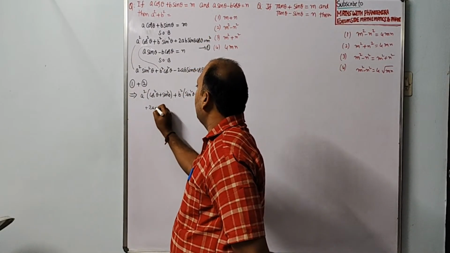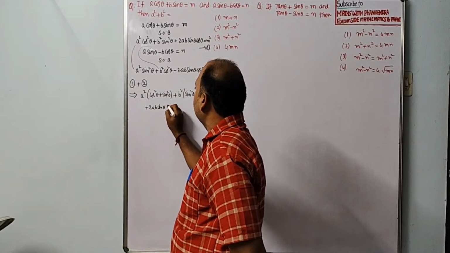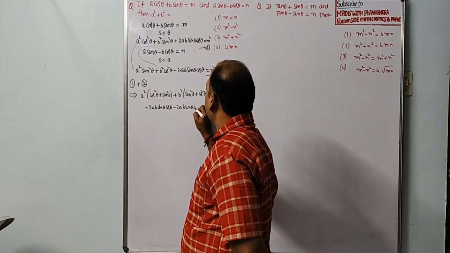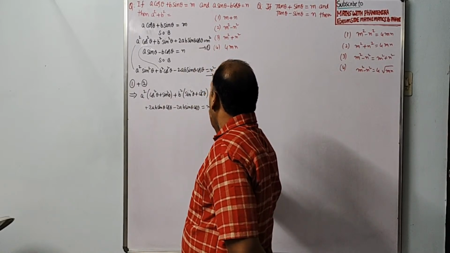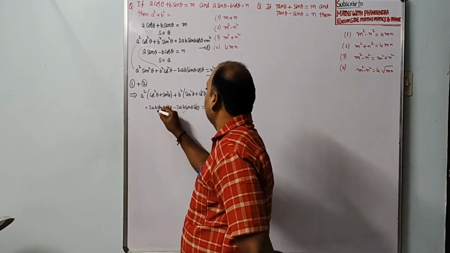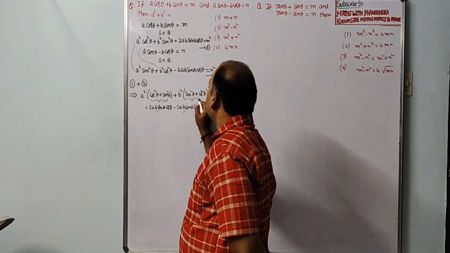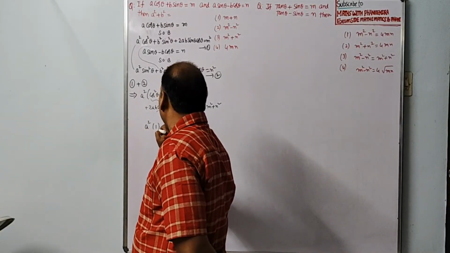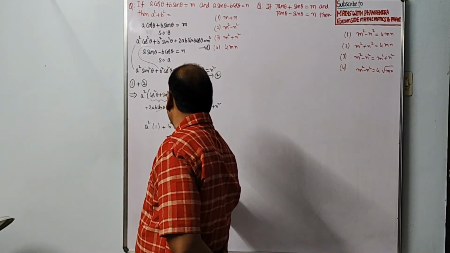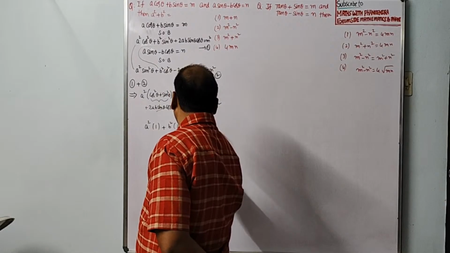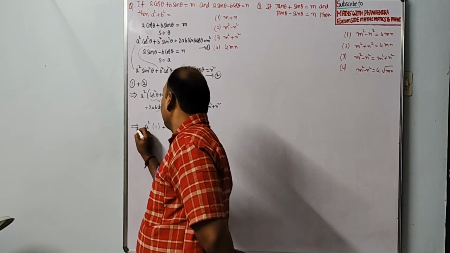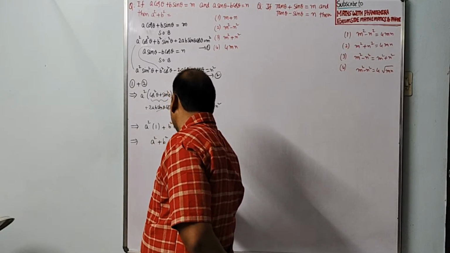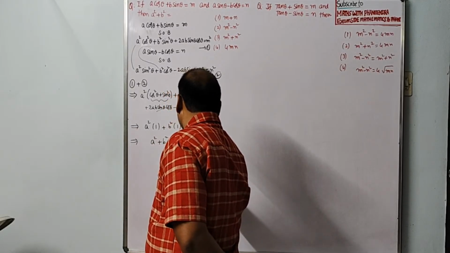So plus 2ab sin theta cos theta minus 2ab sin theta cos theta get cancelled is equal to m square plus n square. Sin square theta plus cos square theta value is what? 1. Therefore, a square into 1 plus b square into 1 equal to m square plus n square. That implies that a square plus b square equal to m square plus n square.